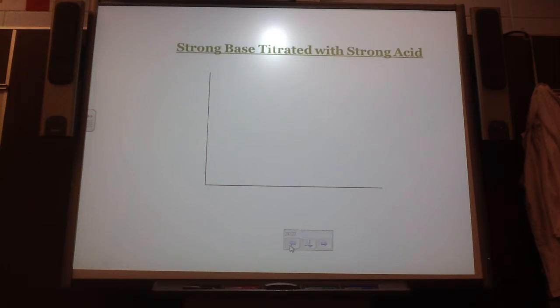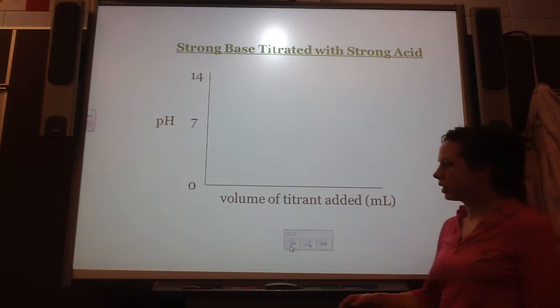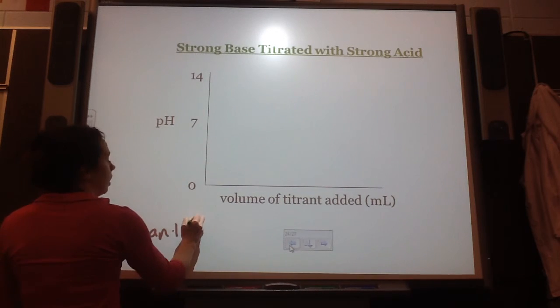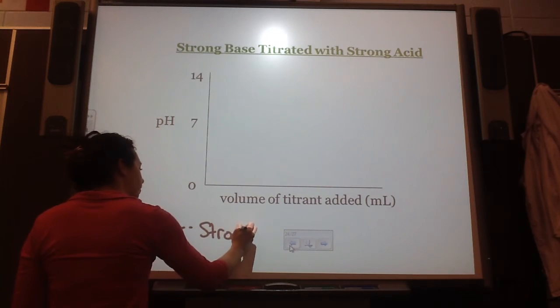So say we have a strong base titrated with a strong acid. So your volume of titrant goes at the bottom, your pH on the side goes 0, 7, and 14. Think to yourself, what is the titrant and what is the sample? So the titrant is a strong acid.